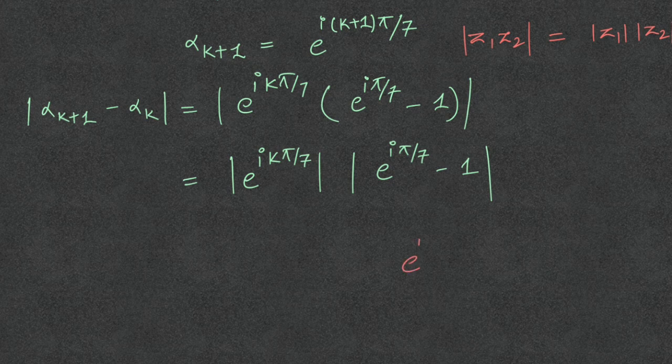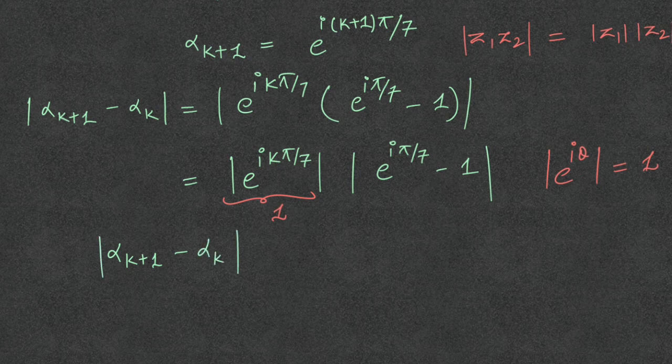And mod of e to the power iota theta is always equal to 1. So this becomes 1, and finally mod of alpha k plus 1 minus alpha k is equal to mod of e to the power iota pi by 7 minus 1.